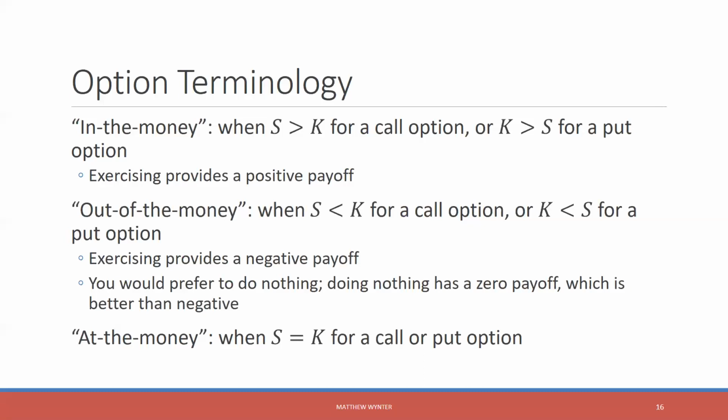Suppose that the strike is less than the value of the stock. So suppose we have a strike of 75 and the stock is trading for 80. I would never use that put option. I would never sell you something for 75 that I can go sell in the market for 80. So this is how we think of this terminology.